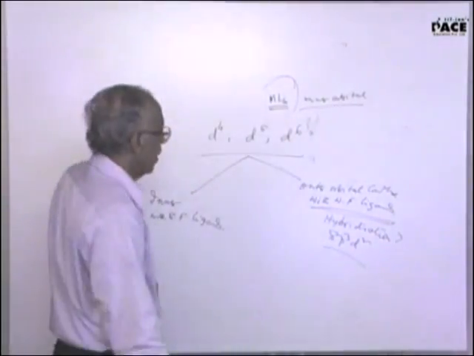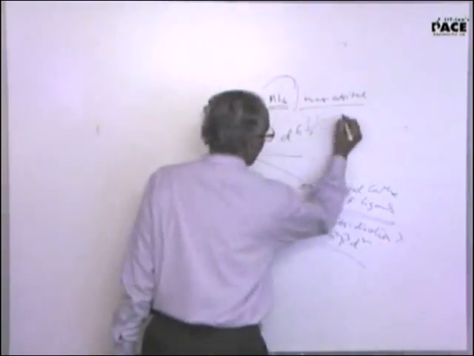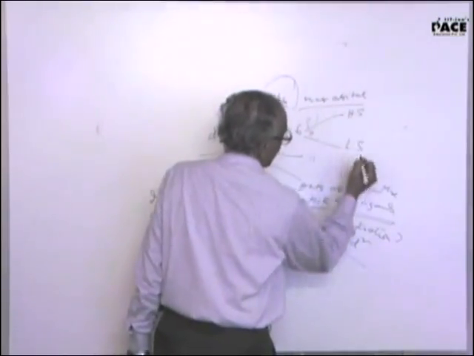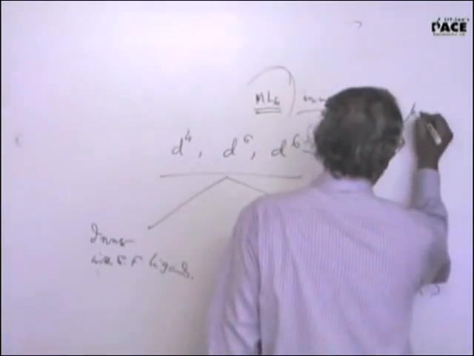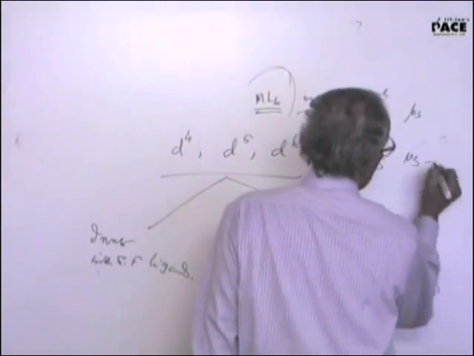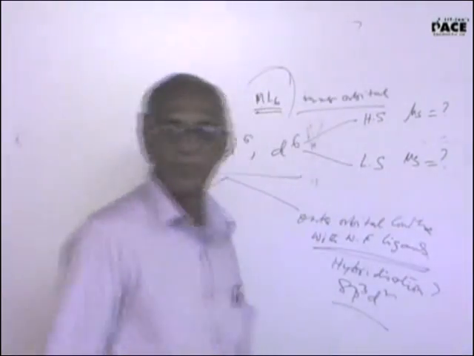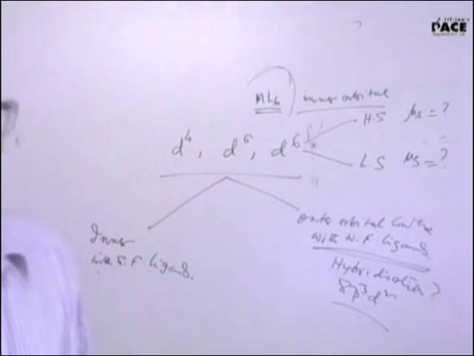Okay? For D4, D6, high spin, low spin. Calculate the mu value. Give me the values immediately for D6, for high spin, for low spin.